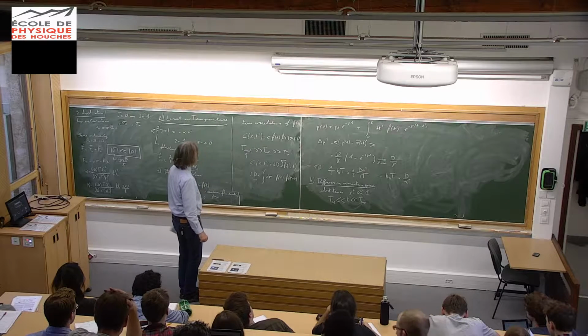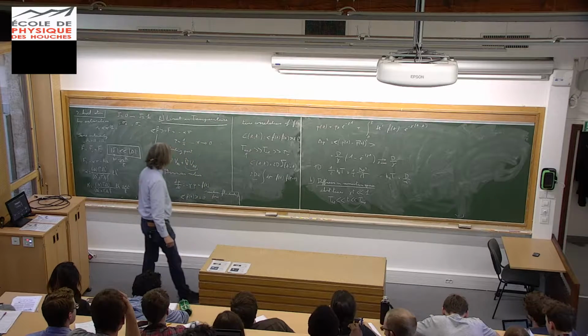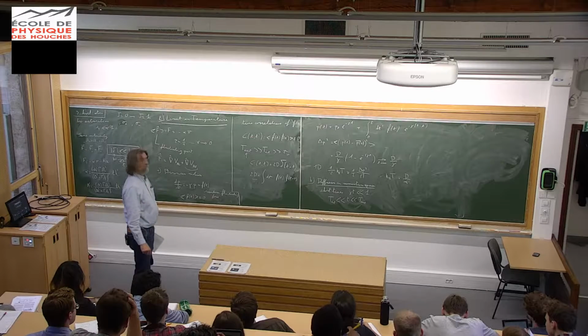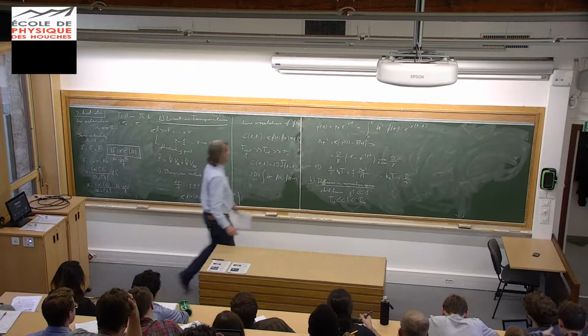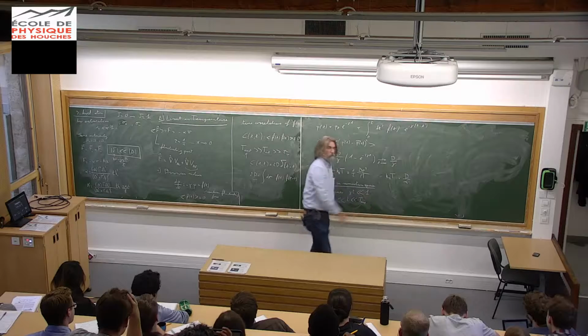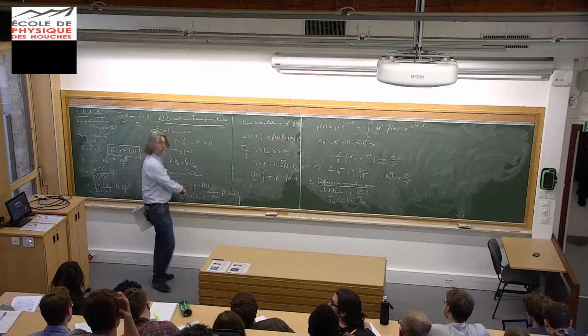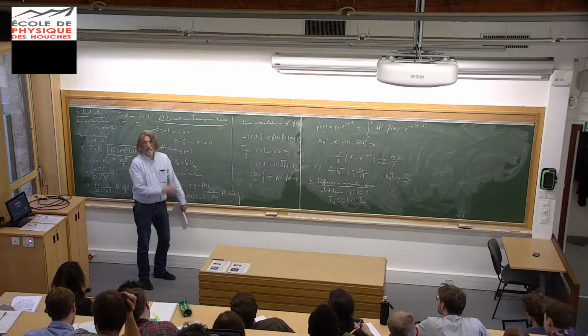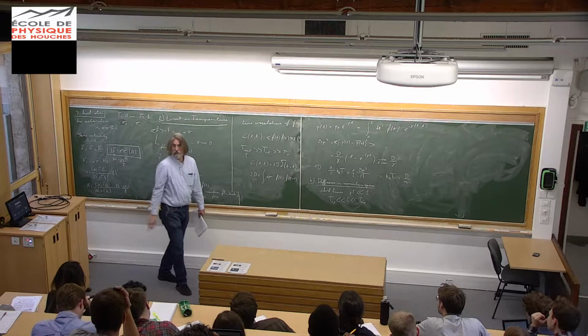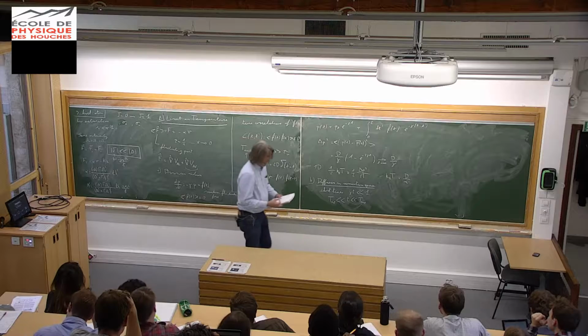Two different alphas. Where do I have another alpha? No, this is the friction coefficient. I didn't want to have here alpha divided by m, and so I introduced gamma, but it is alpha.